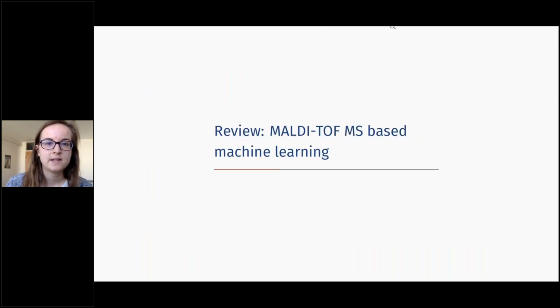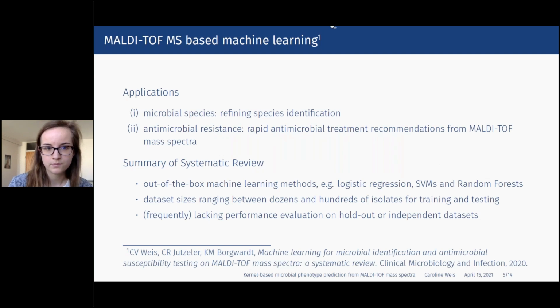As I mentioned, my colleague Katharina Yüksel and I have written a review to determine the state of the art of MALDI-TOF based machine learning. We looked into two properties that you can predict from MALDI-TOF spectra, namely the species and antimicrobial resistance.